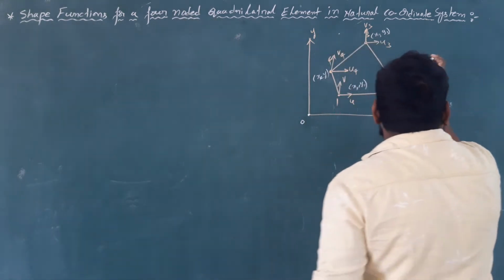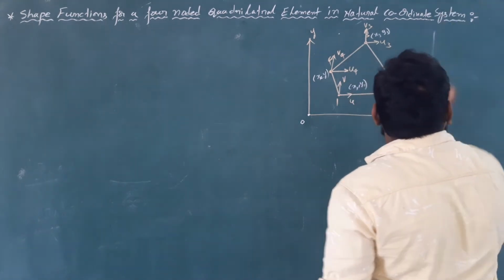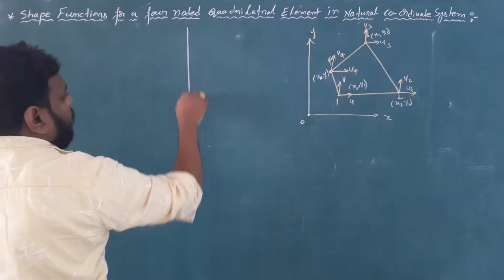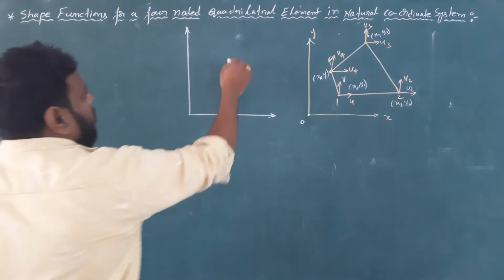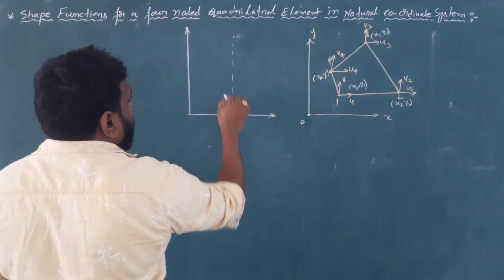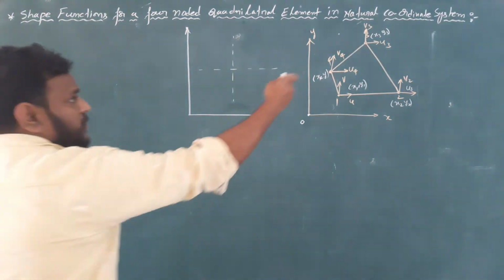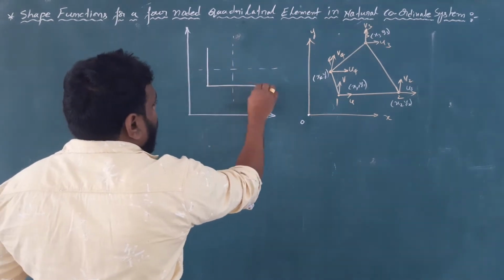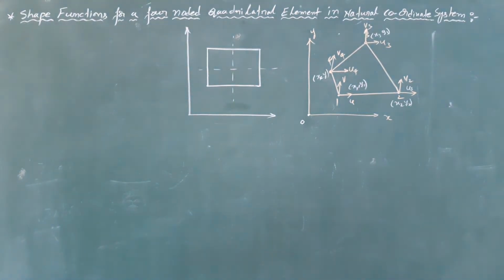Now we know the four coordinates, because this quadrilateral element consists of 4 nodes. That's why I am taking a four-noded rectangular element.